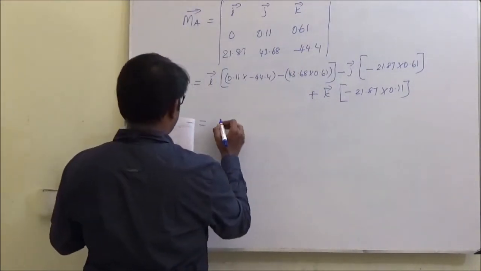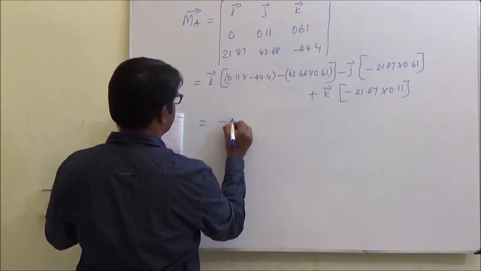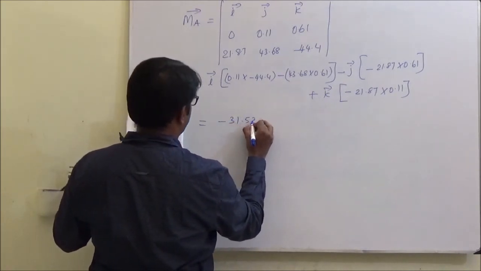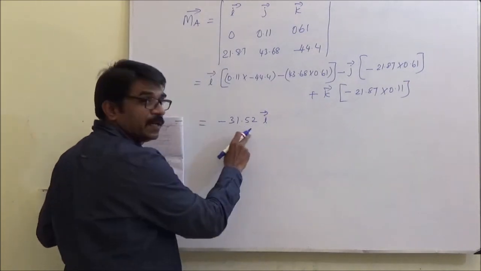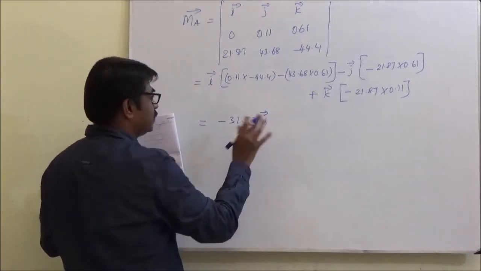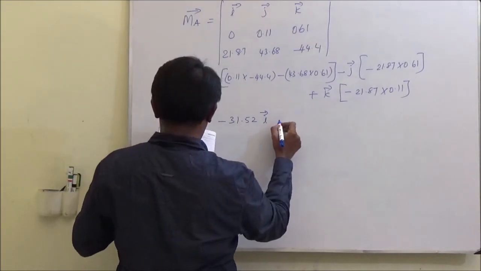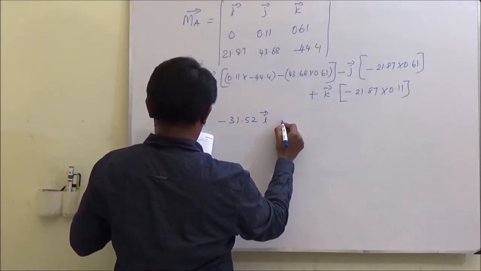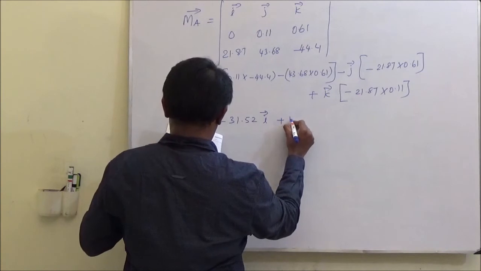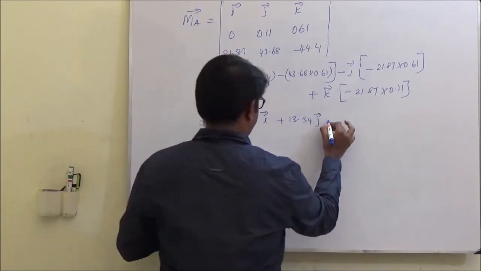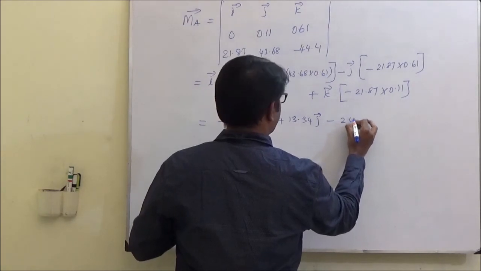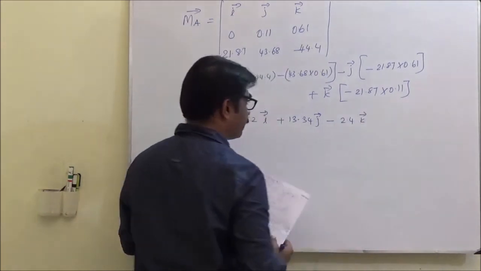So the value is minus 31.52 i vector. Small difference in the slide value, it is due to calculation, you correct it. Plus 13.34 j vector minus 2.4 k vector.